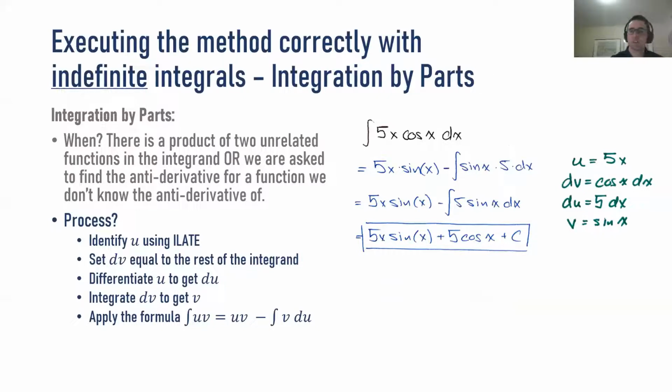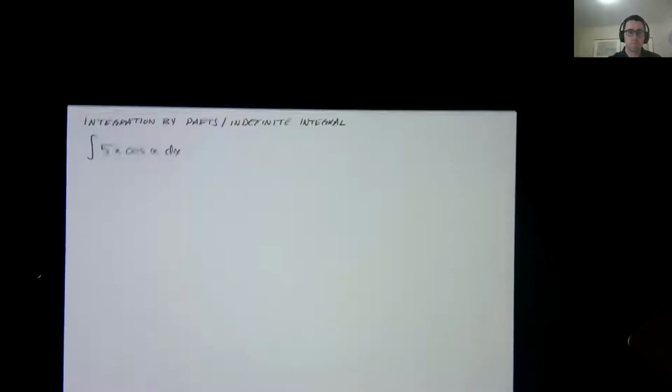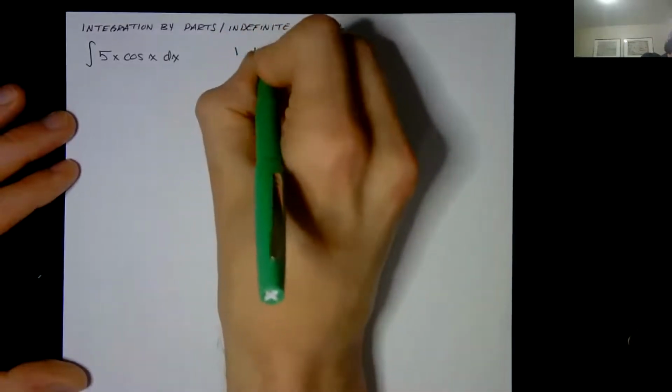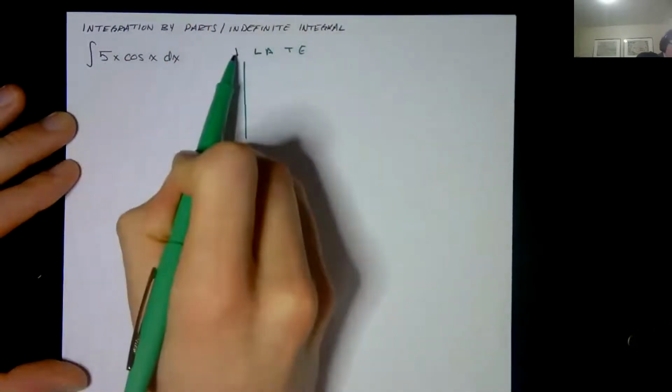And let's take a look at this one on paper. Integration by parts, indefinite integral. So first step I have is to identify u using ILATE. I'm just going to write that at the top here as an acronym for me to think about. When I scan through this integral, I don't see an inverse trig.